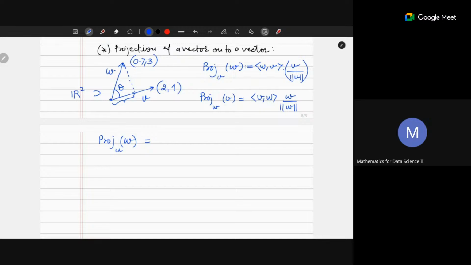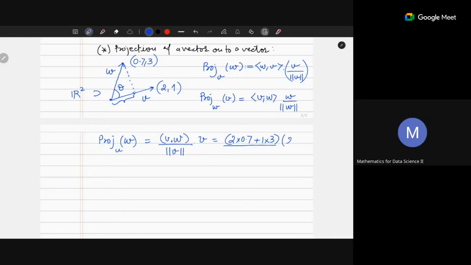It is basically the dot product first, divided by the norm of B, in the direction of B. So what is the dot product? It is 2 times 0.7 plus 1 times 3, correct?